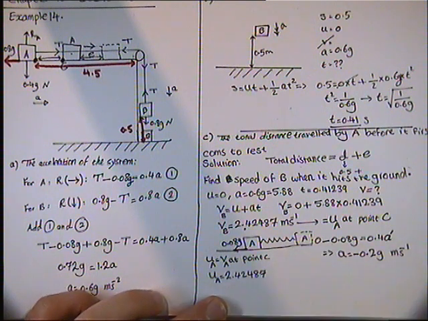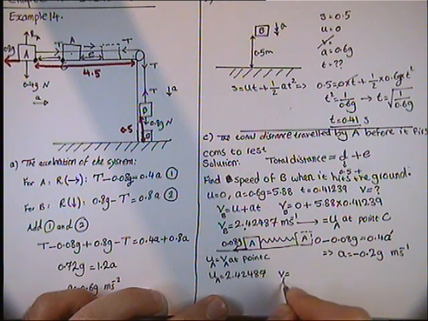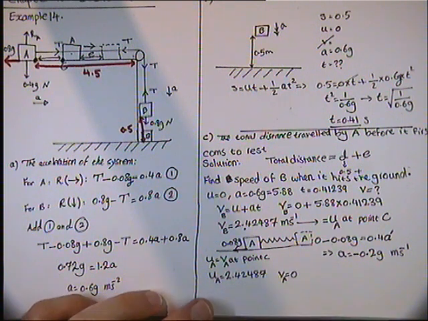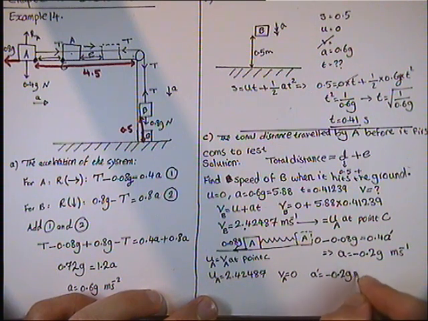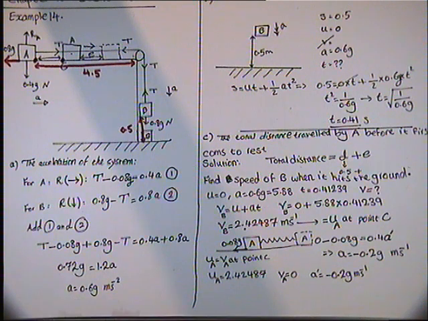Final velocity at this point is obviously 0, because A will completely stop. A prime, the deceleration, is negative 0.2 g meter per second squared.